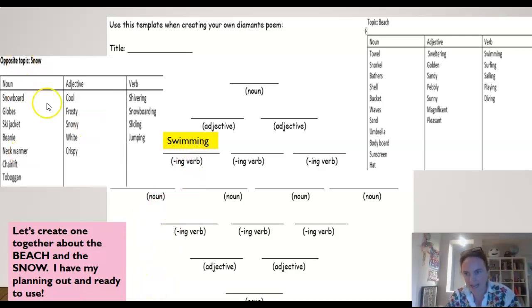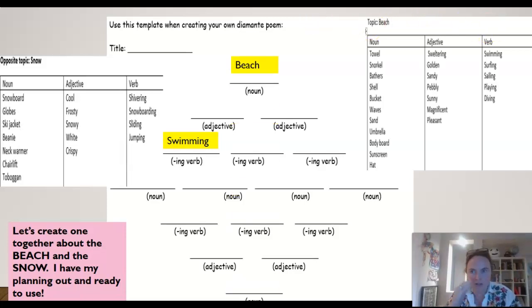So I have my nouns, my adjectives, and my verbs that have got to do with the snow. And over here I've got my nouns, adjectives, and verbs that have got to do with the beach. I've got my words ready. I'm ready to go. I was organized. I did the trickier part yesterday. Now I'm going to put these words into a diamante poem.